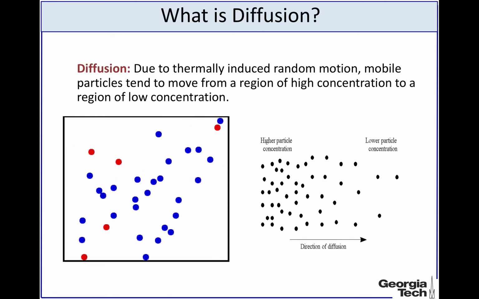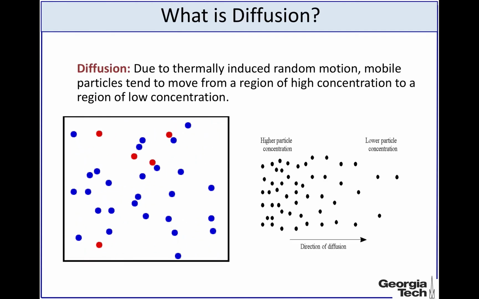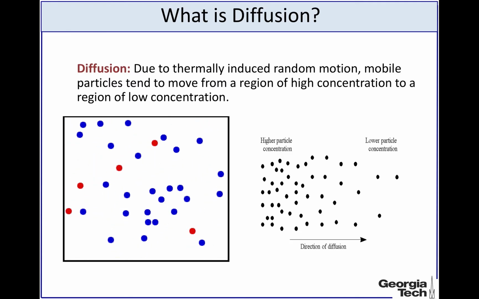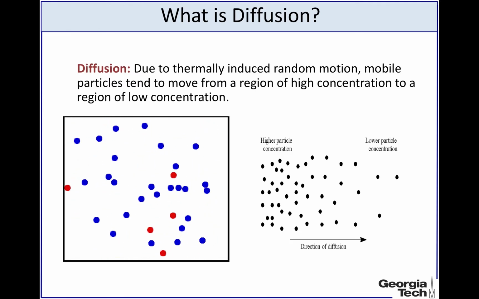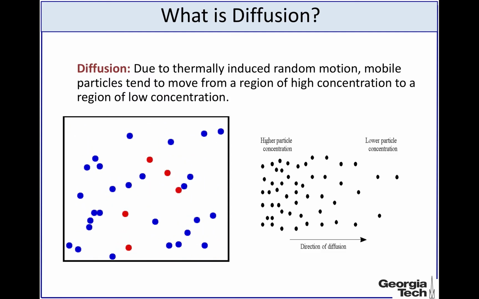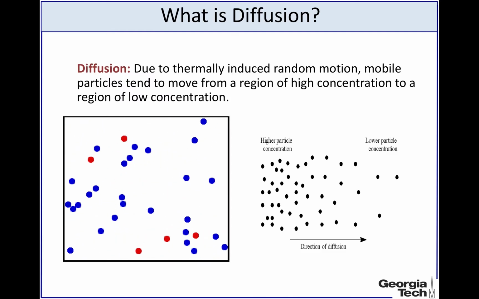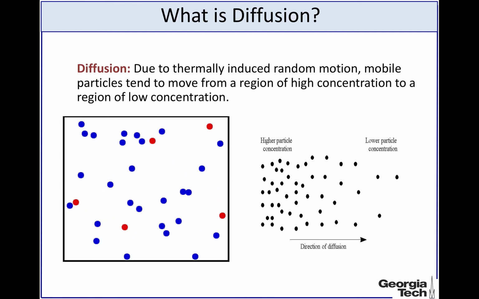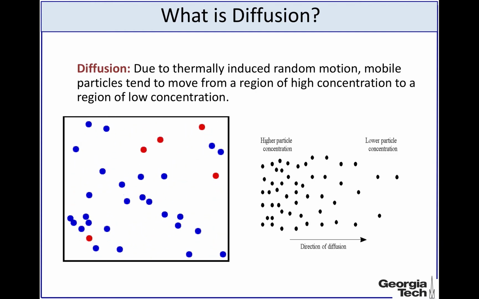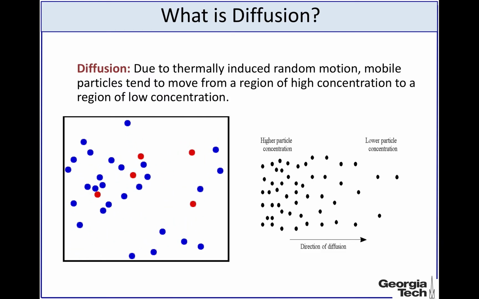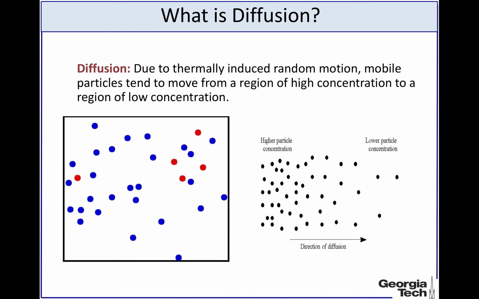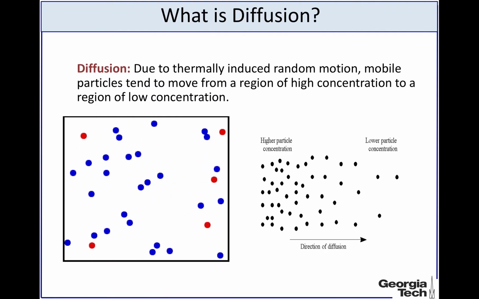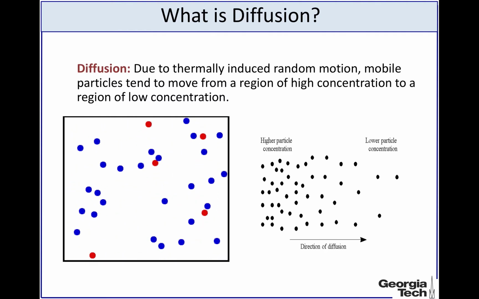All right, so we'll first start with the concept of diffusion, because this concept is required for understanding the current voltage characteristics of a PN junction. Diffusion means that carriers or particles will flow from a region of higher concentration to a lower concentration, and this all happens because of the thermal motion of the particles.